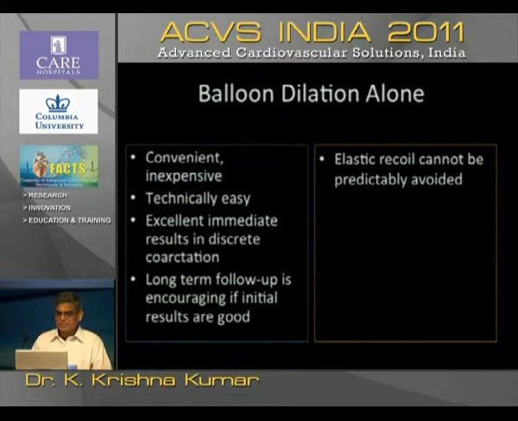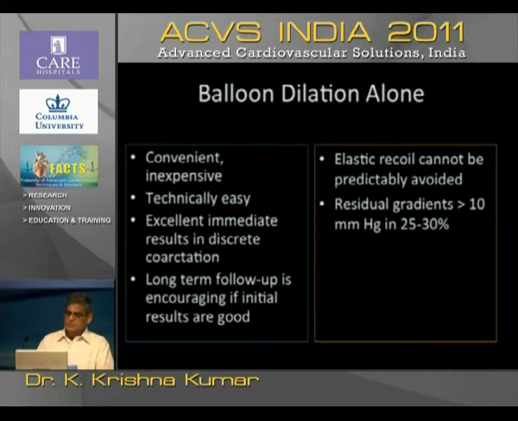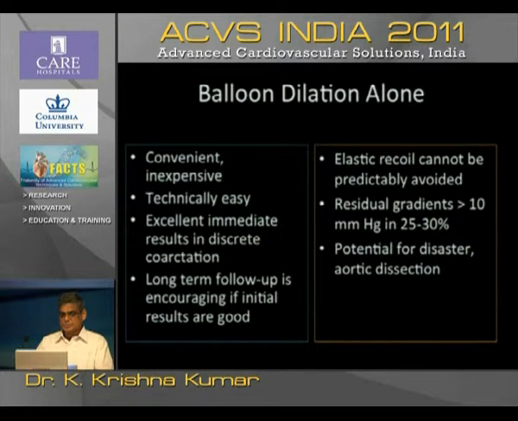Downsides: there is elastic recoil which cannot be predictably avoided. Residual gradients are common, and there is potential for disaster if you don't size your balloon right. The general rule we follow is we don't go beyond 16 millimeters, no matter what the size of the isthmus or the surrounding tissue is. That's the rule of thumb that I follow for balloons.